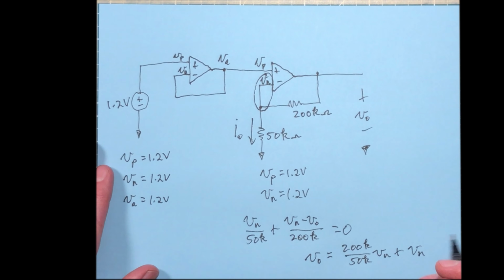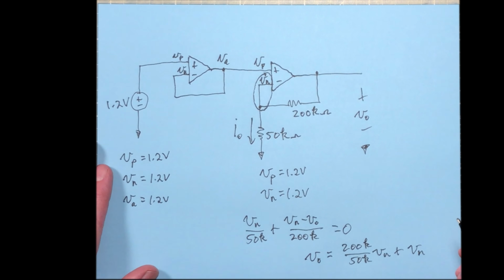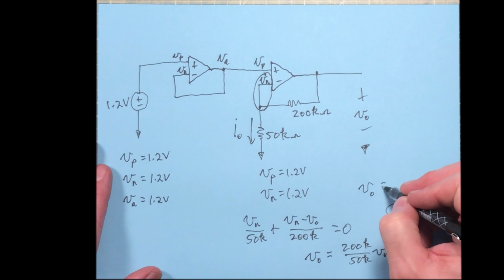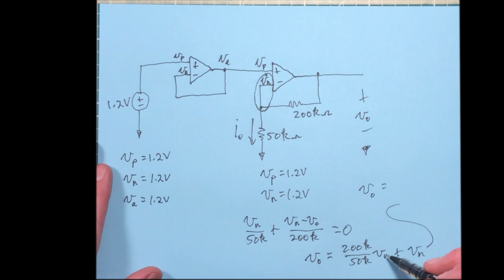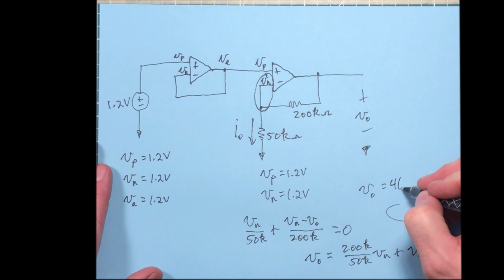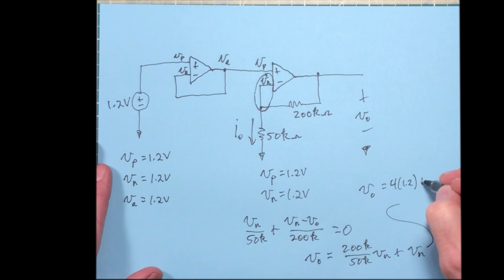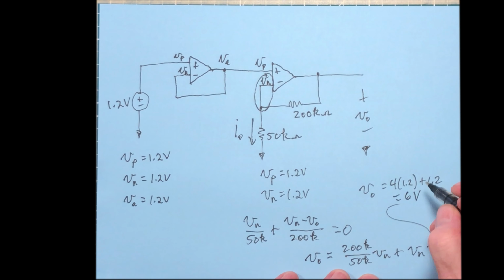So what is this? This is a non-inverting amplifier again. Okay, now we're given values for V sub N, which is going to be 1.2. So let's plug in our numbers. So this is going to be 4 times 1.2 plus 1.2. And that turns out to be 6 volts.